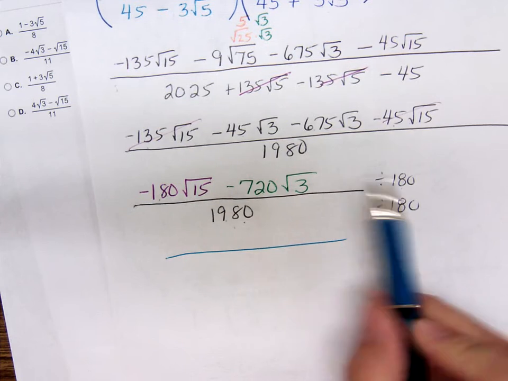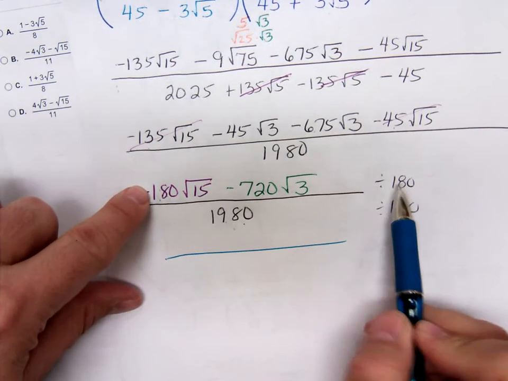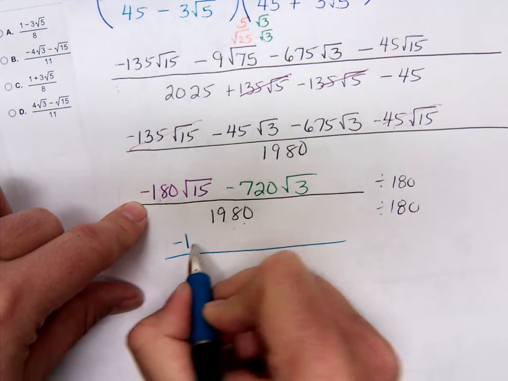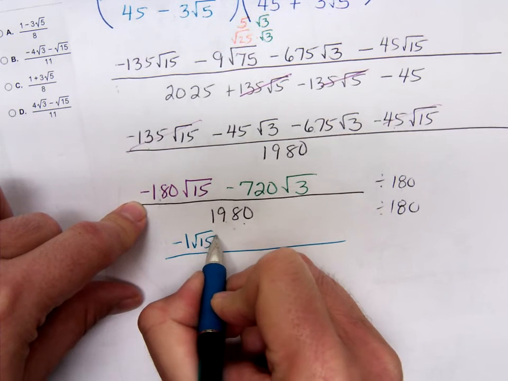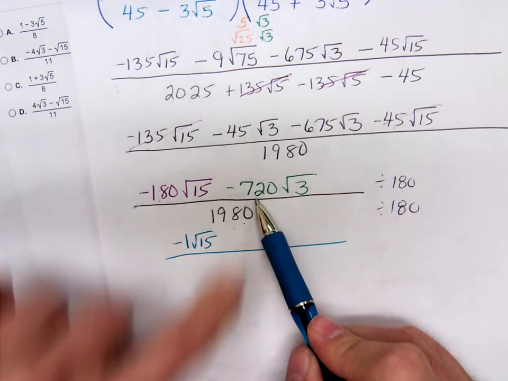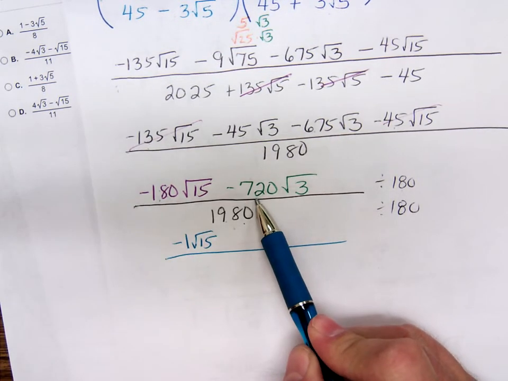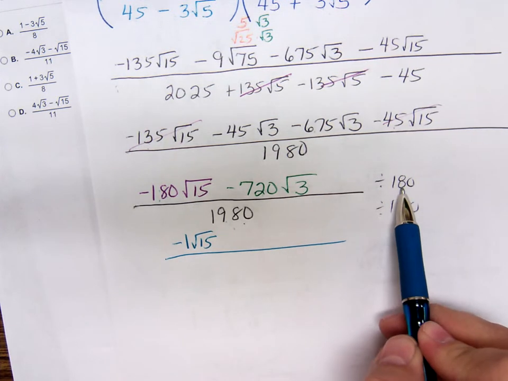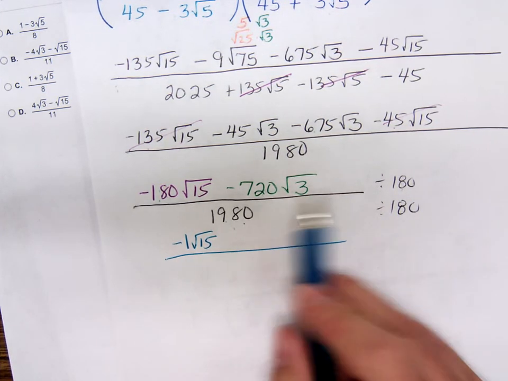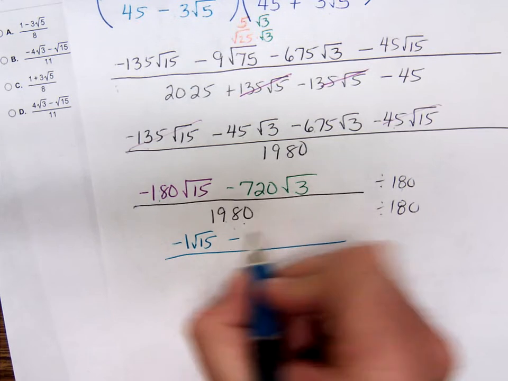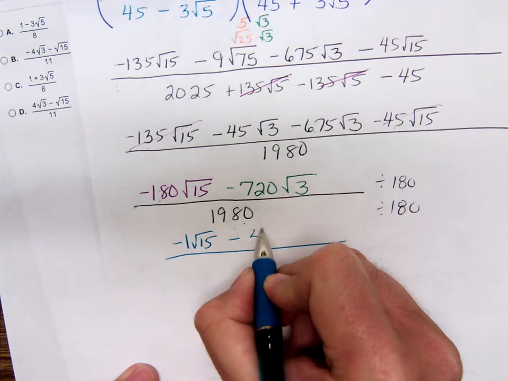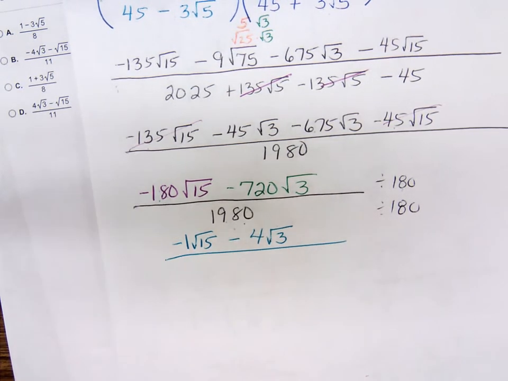Negative 180 over 180 is a negative 1 square root of 15. Negative 720 divided by 180 is, am I doing this right in my head? I'm getting a 4. Someone punch in 720 divided by 180 in your calculator if you doubt it.